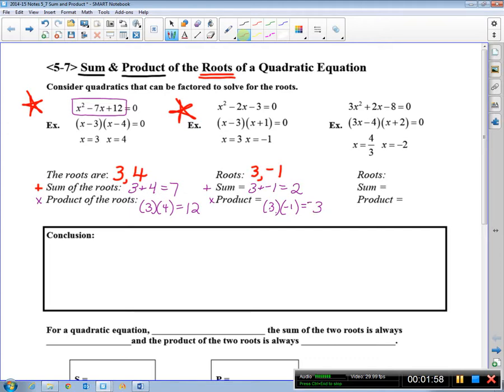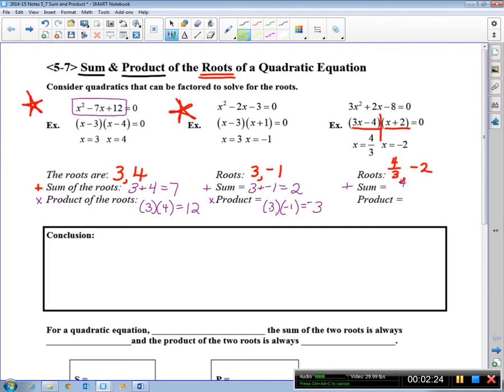And the last example factors beautifully again. We split it, set this first factor equal to 0, we get 4/3. The second factor equal to 0, we would get that x is negative 2. So our roots are 4/3 and negative 2. We add those together.